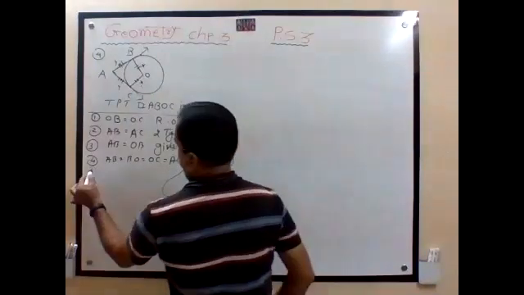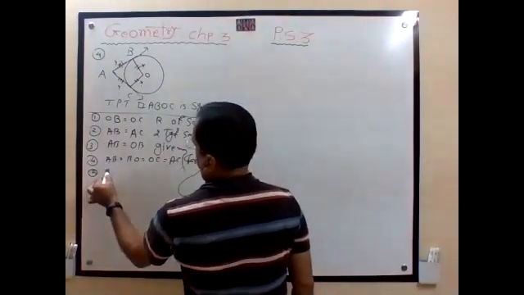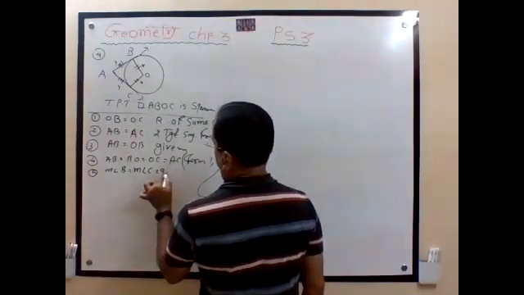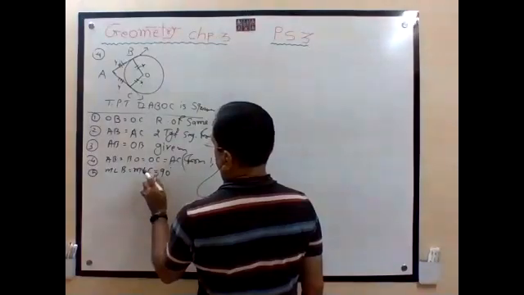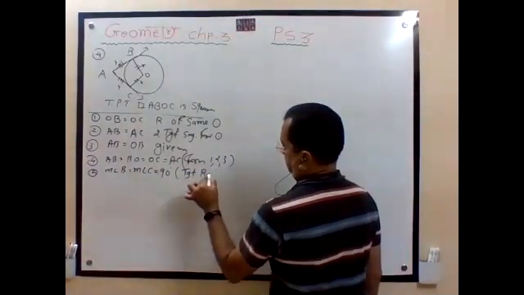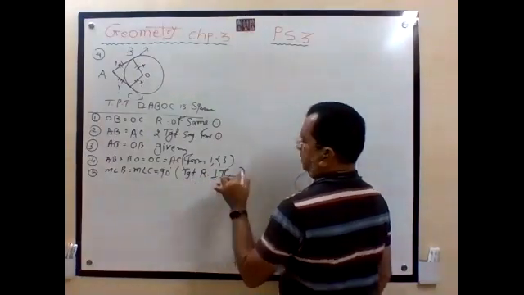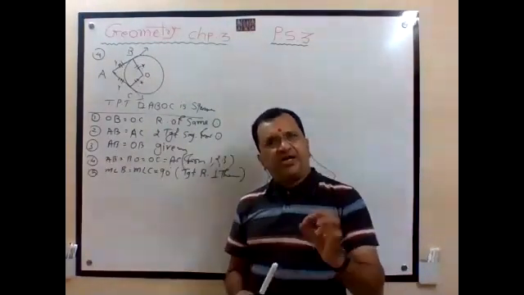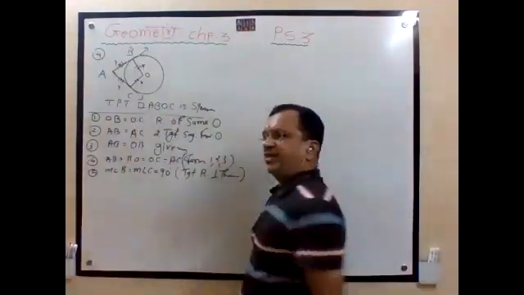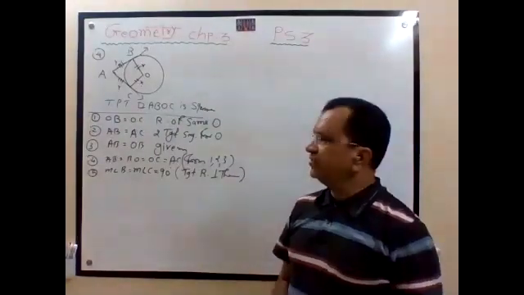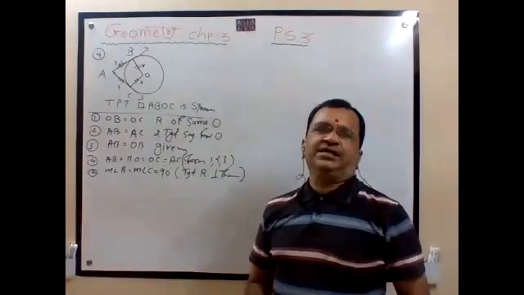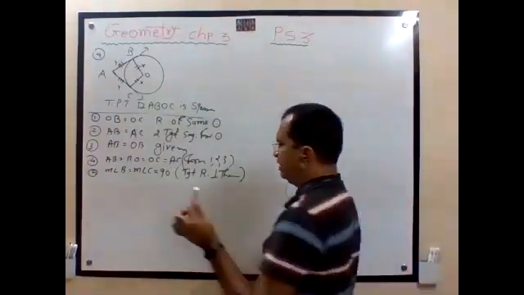So we can write measure of angle B or angle C is equal to 90. Why? Tangent radii perpendicular theorem. For any tangent, the radius is always perpendicular. So in a rhombus, a single angle is 90 degrees, then it is said to be a square.